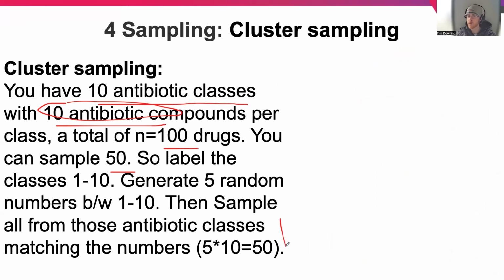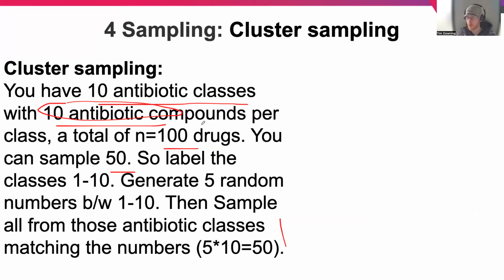And that gives us our 50. So we get more information about the variation within each of those classes, but maybe at a loss of precision about the broader class-level differences. So it's a kind of balance. We find out more about intra-group differences at the loss of intergroup information.